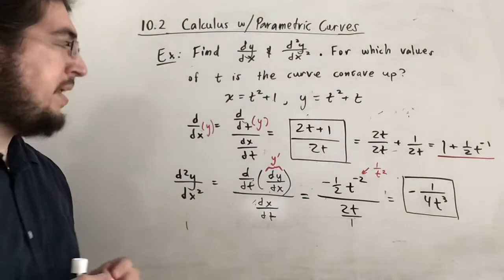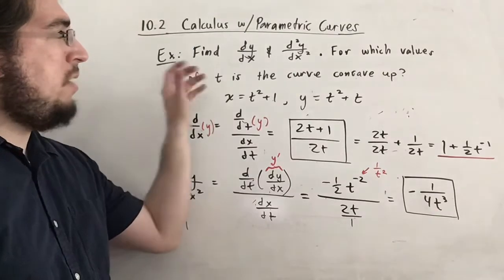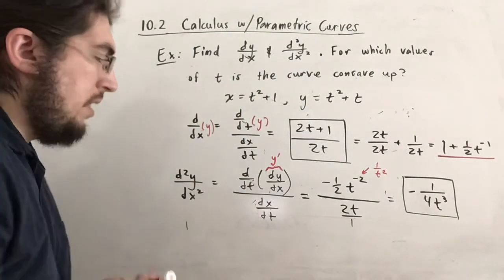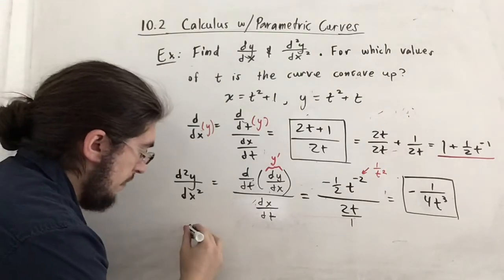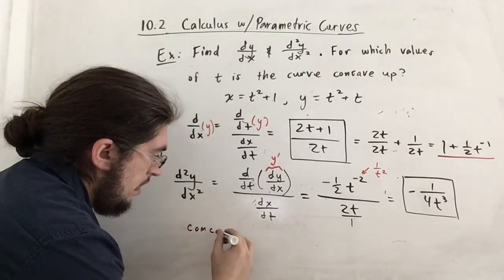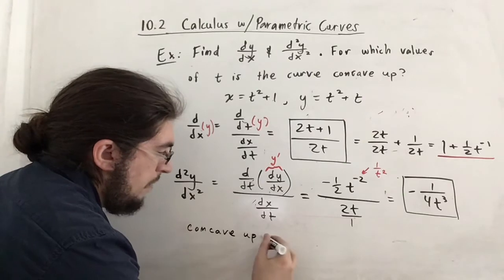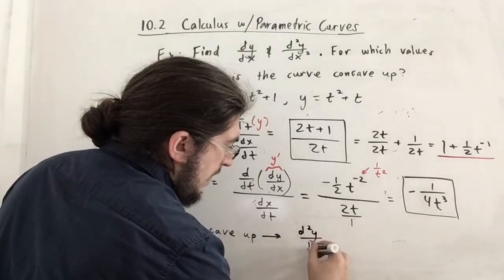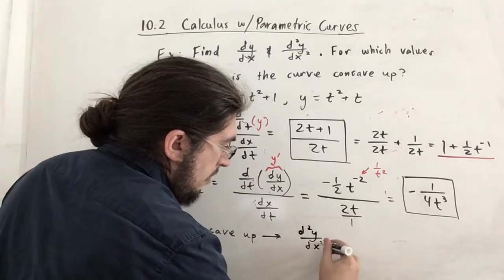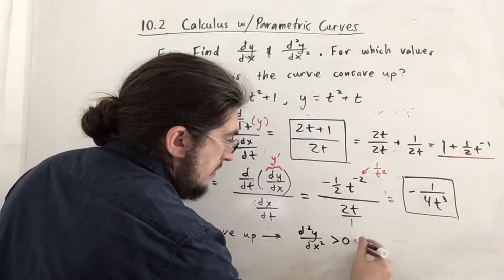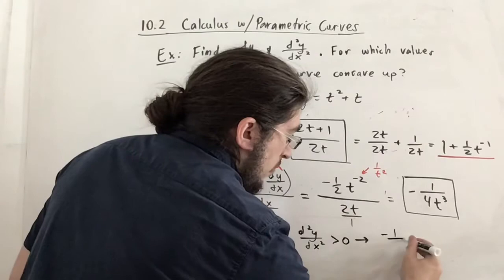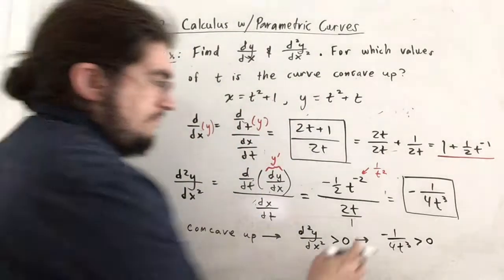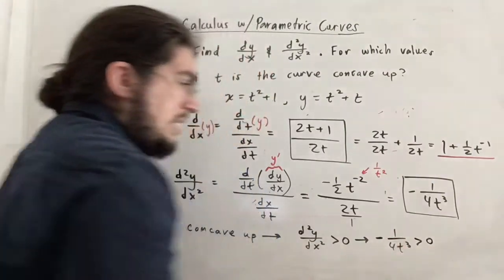And there we go. Now the question is, when was this concave up? The curve is concave up when the second derivative, d squared y over dx squared, is positive. So that means negative 1 over 4t cubed is positive. When does this happen?